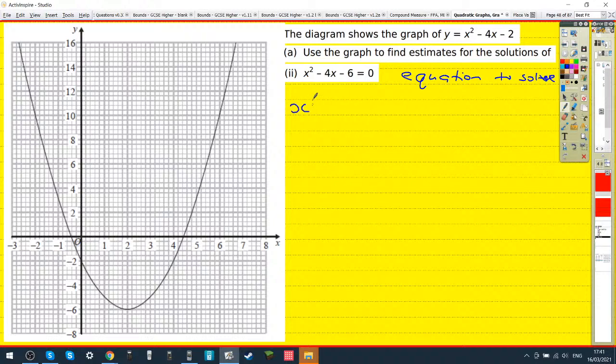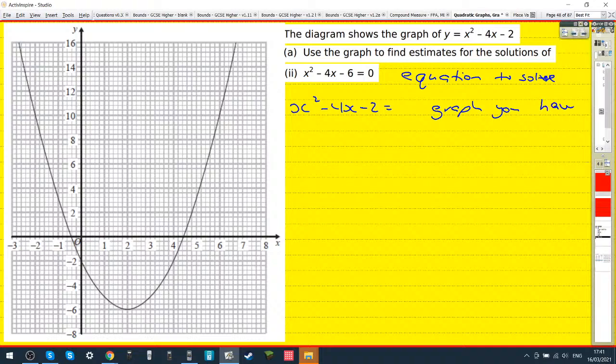So the graph you have is x squared minus 4x minus 2. So you would have to take away 4. Let's see. That would make it minus 10. Other way. Oh, need to add. Yes.